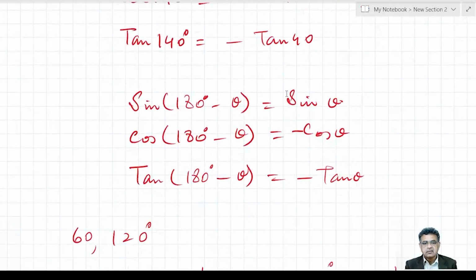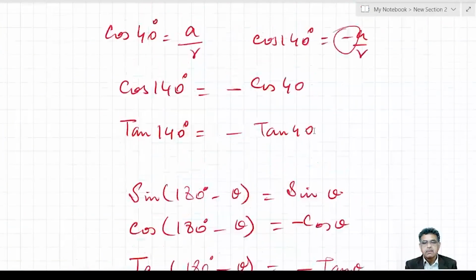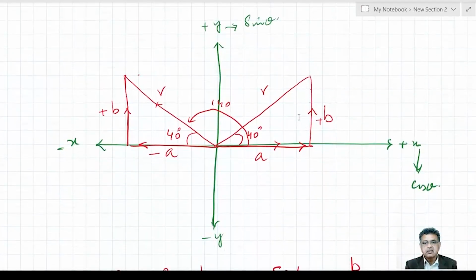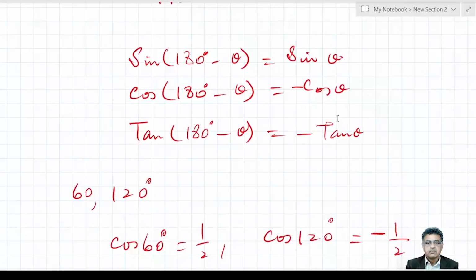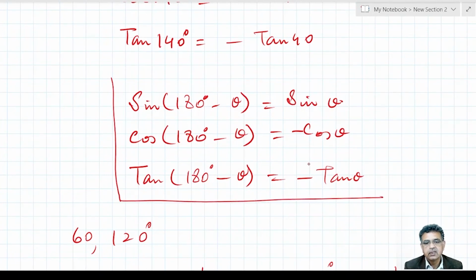That is the reason their signs are changed, cos and tangent. Similarly, tangent you can consider regarding gradient. So the sign of gradient on this side is positive, on this side negative, and the magnitude of gradient on both sides will be the same, b over a. But this will be negative and this one will be positive. So this is an important result which is very useful in many cases.